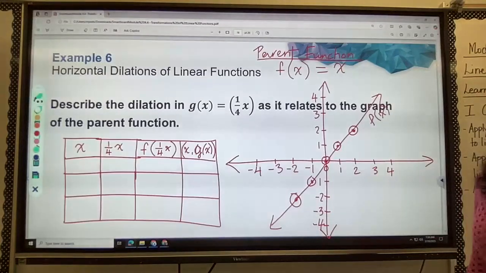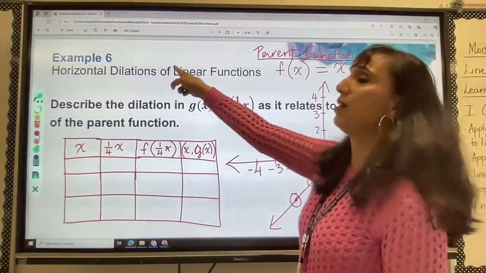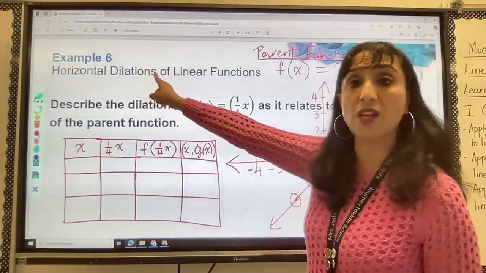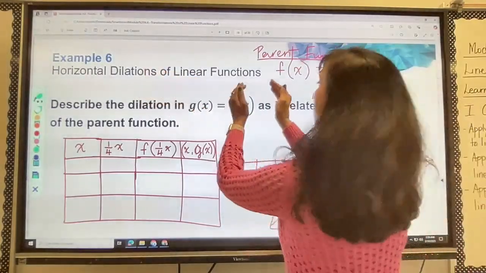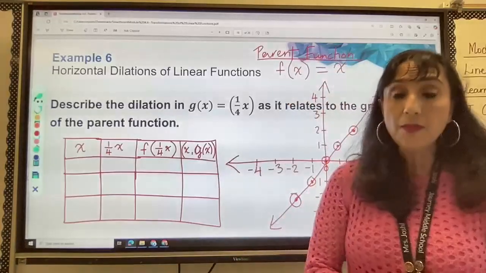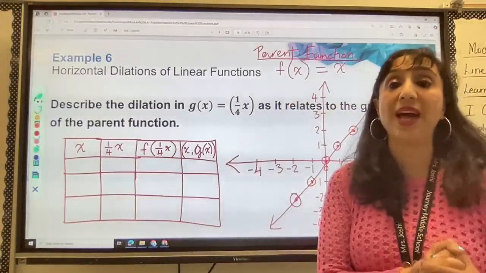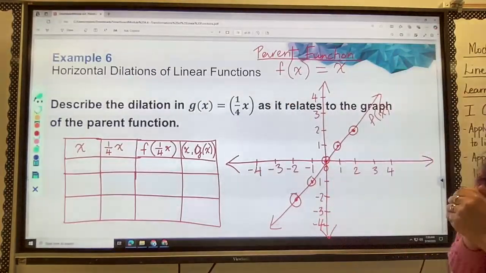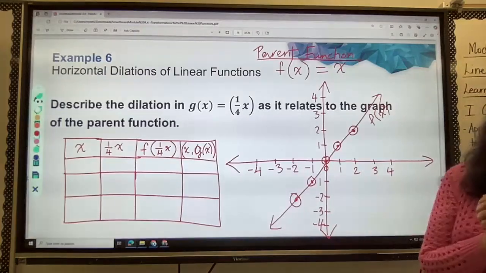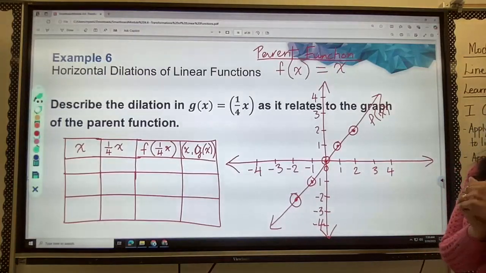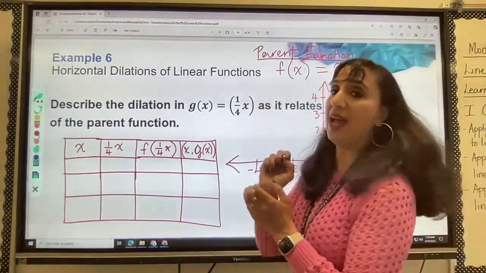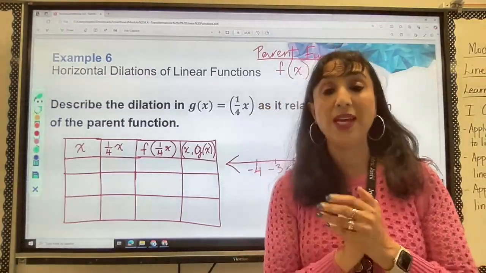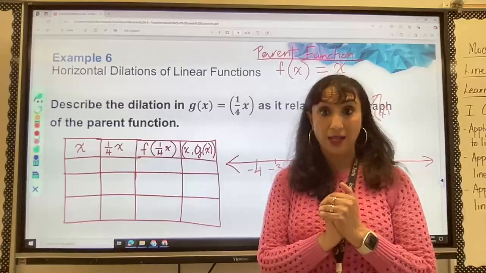Now let's look at this one. This is a horizontal dilation, as we just talked about, because now this is grouped. And so we've got to perform that part of the calculation first. Now let me give some values to x. And because I can see that it is 1/4 x, it is between 0 and 1.